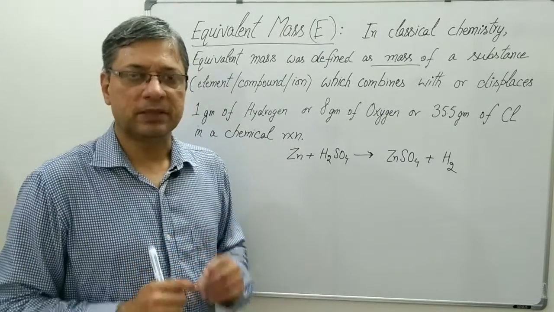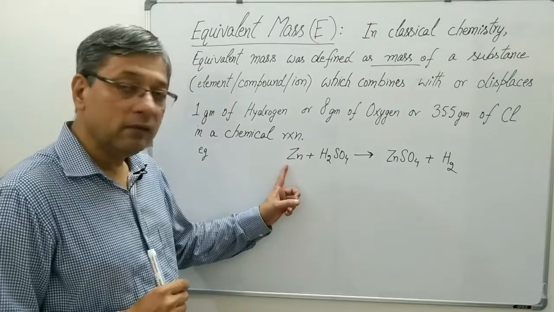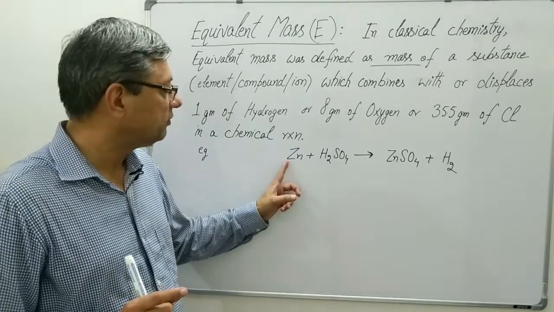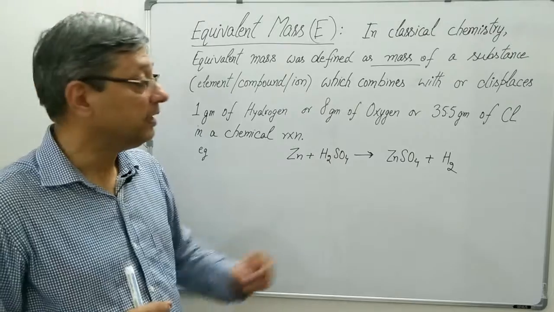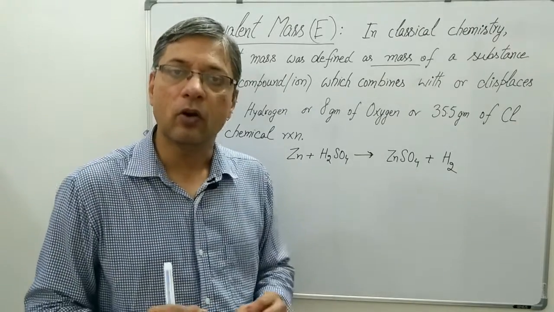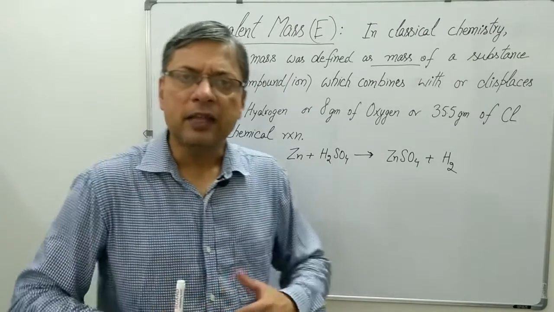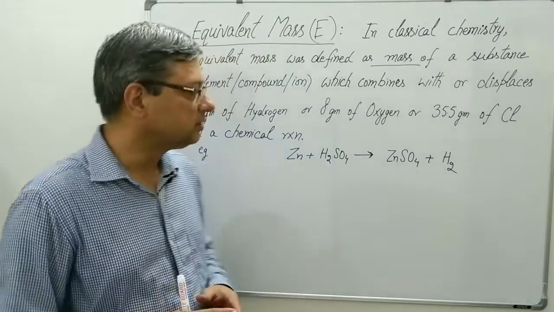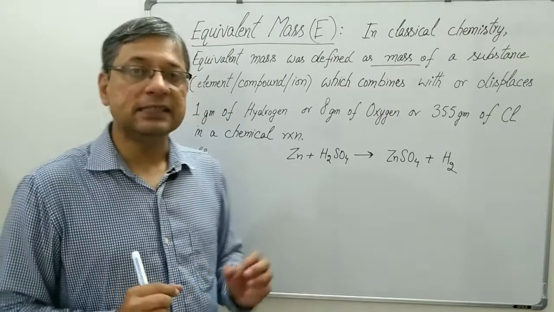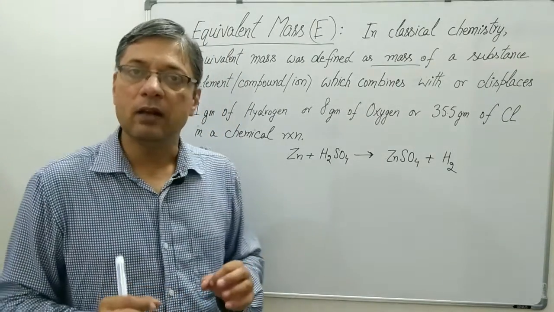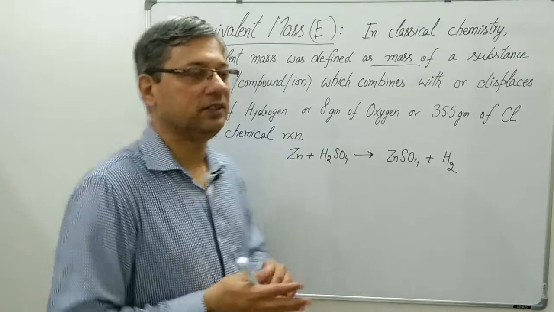By mole concept, we can say 1 mole of zinc, coefficient of zinc is 1, displaces 1 mole of hydrogen. In other words, 1 mole of hydrogen is displaced by 1 mole of zinc.